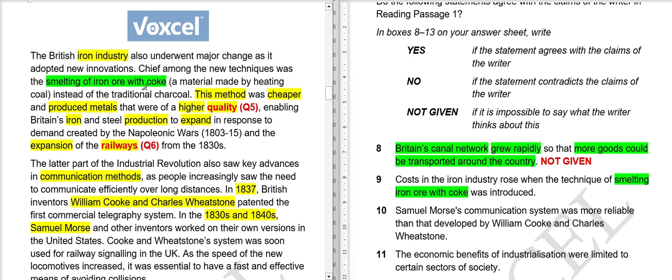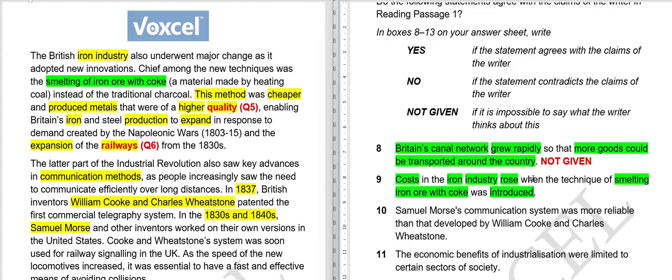of iron ore with coke. So we will read the question. Cost in the iron industry rose. So they are saying the cost in the industry rose. So which industry? Iron industry rose when the technique of smelting iron ore with coke was introduced.